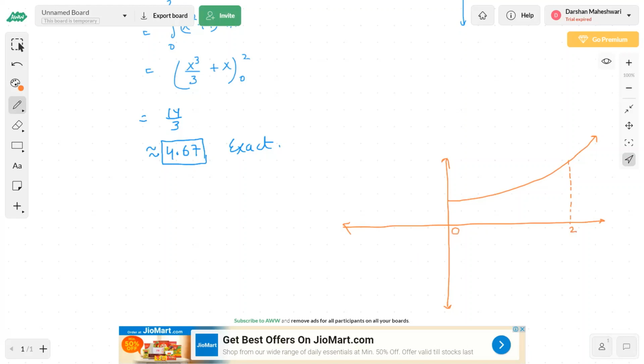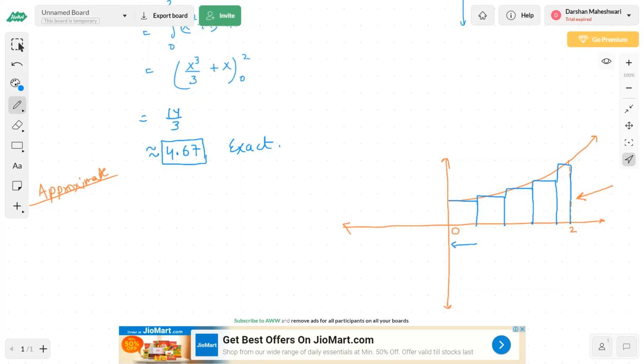Now, in order to approximate, we divide the region of interest into various rectangles. What this means is the rectangles will look something like this. How these rectangles are made, what is the width, what is the height, we are going to discuss now. So that is how the rectangles will look, an approximate figure.